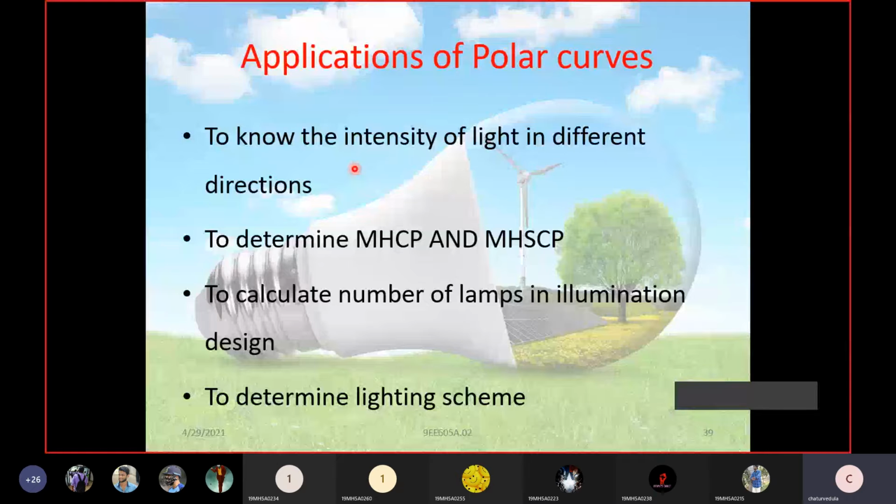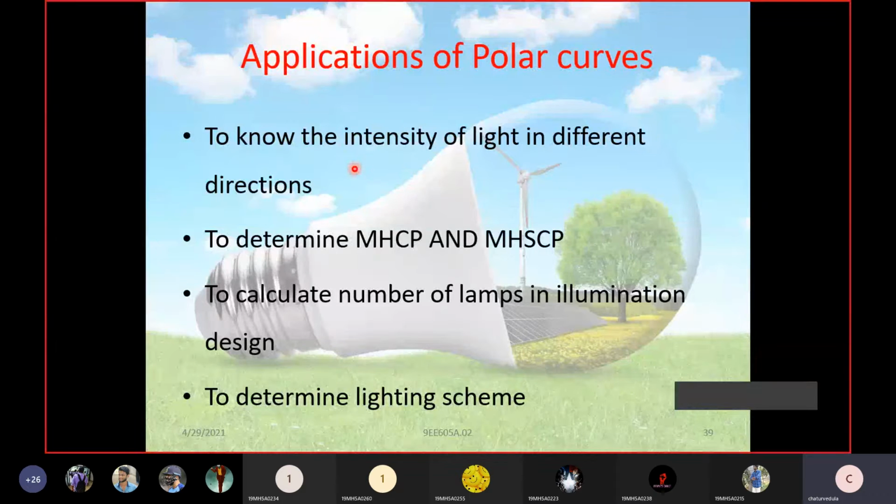We can also calculate the number of lamps required to design an illumination scheme or a lighting scheme. In a room, how many lamps are required? Suppose you take a retail textile complex.